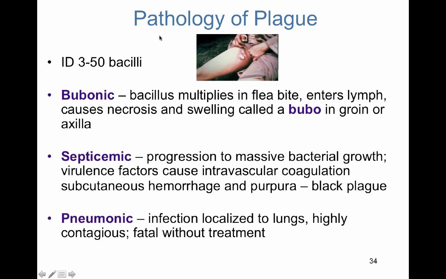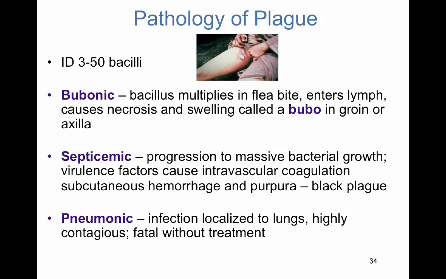Now, as far as a little bit about the pathology of the bubonic plague or plague caused by Yersinia pestis, in the case of bubonic, you see the formation of a bubo in the groin or the axilla. So once the flea bites you, the bacteria will multiply within that bite, enter the lymphatic system, causing cell death or tissue death and swelling.